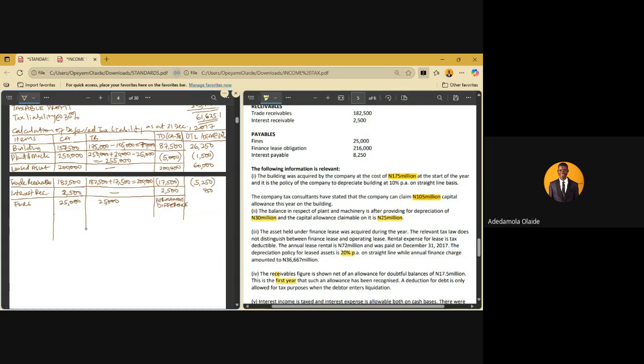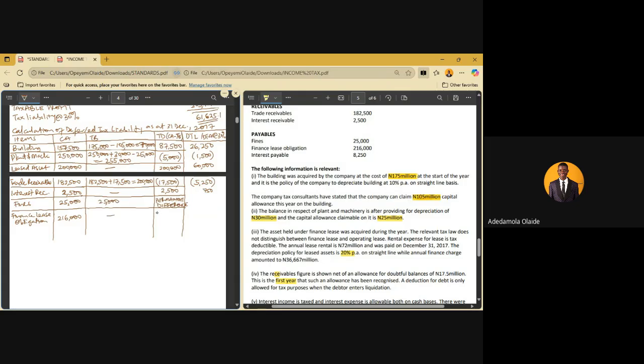So we move to the next one, finance lease obligation. The same way we did not recognize the assets, we will not recognize the obligation. So finance lease obligation, which is 216,000. Since the tax law is not recognizing it, it's not having any basis there.